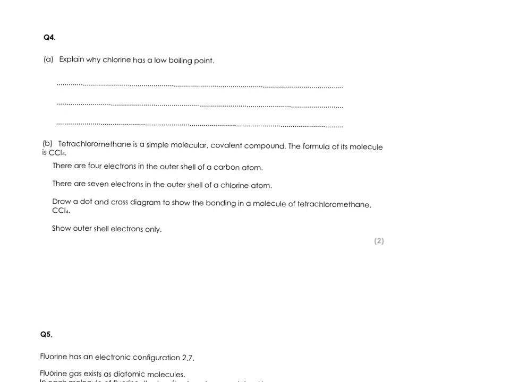Okay, final few questions on this one. Question 4, explain why chlorine has a low boiling point. So, like with the diamond question, we've got to think about what chlorine is, what crystal structure it is. Chlorine is a non-metal, and chlorine Cl2, a non-metal joined to a non-metal, so therefore it is molecular.